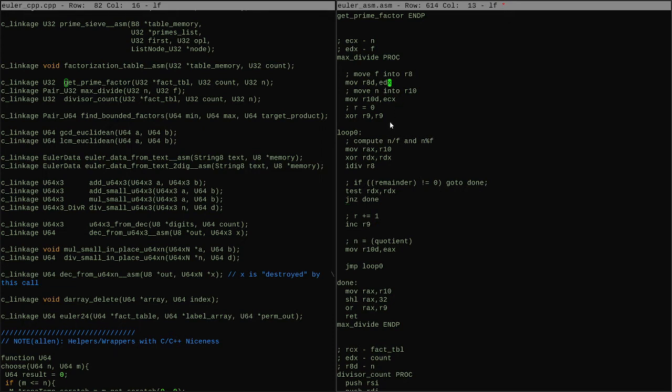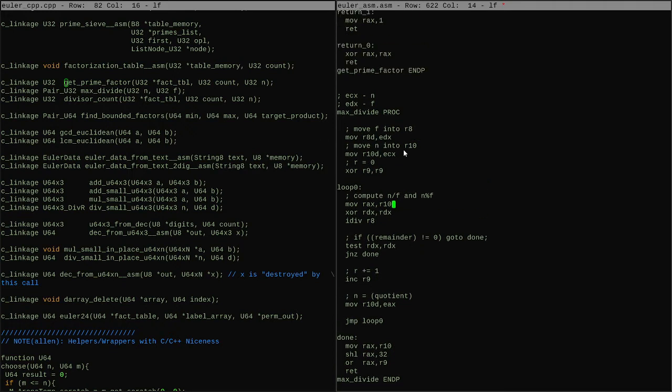So that one, did I have a divide? Yeah, so this one was because I needed a divide. R10. Doesn't make so much sense.